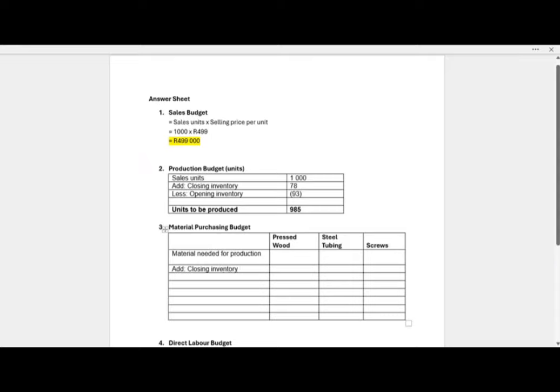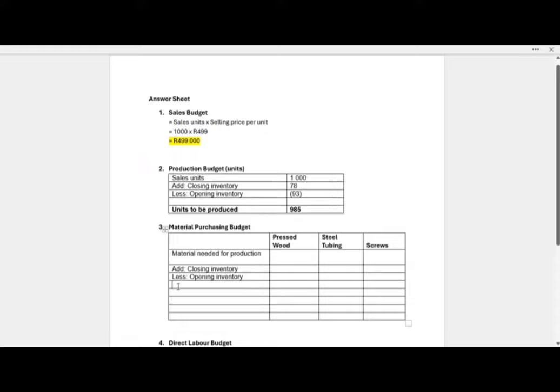All right, and then we'll have to again less opening inventory. And after lessing opening inventory, we will get material needed for purchase, or material that needs to be purchased.